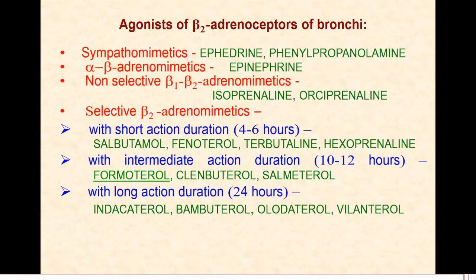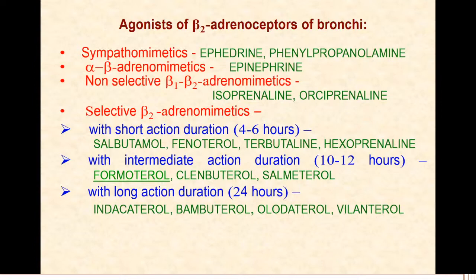When we used only these drugs, we didn't call them short action duration. Of course, we knew that the drugs act for 4 to 6 hours. First, we started to use them in the form of tablets for oral introduction, in the form of solutions for injections.